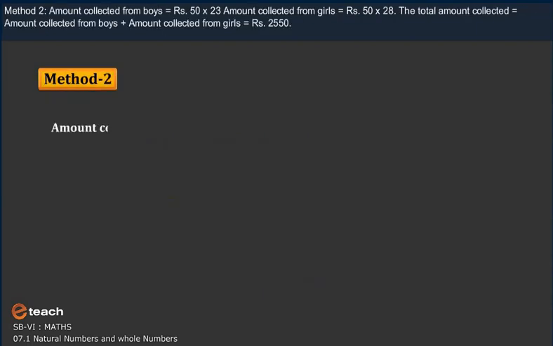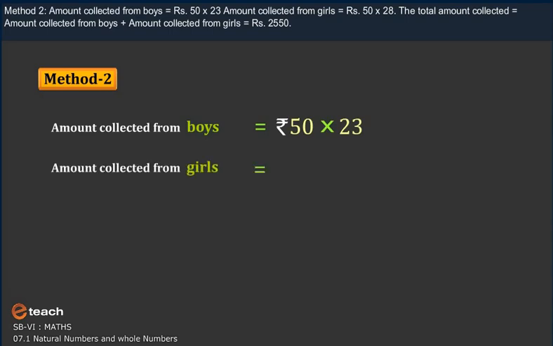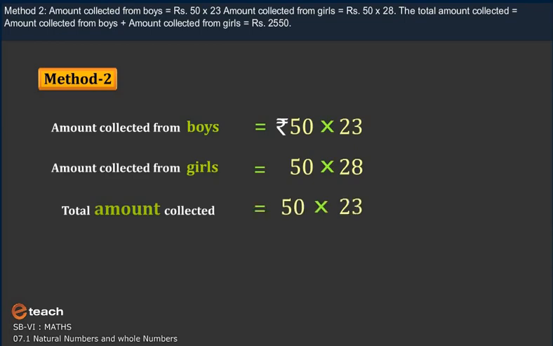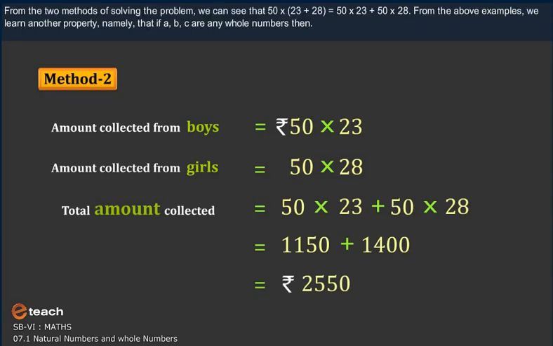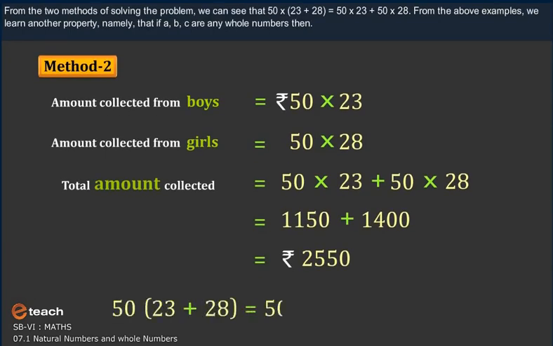2550. Method number 2. Amount collected from boys is equal to Rs 50 into 23. Amount collected from girls is equal to Rs 50 into 28. The total amount collected is equal to amount collected from boys plus amount collected from girls, which is equal to Rs 2550. From the two methods of solving the problem, we can see that 50 into (23 plus 28) is equal to 50 into 23 plus 50 into 28.